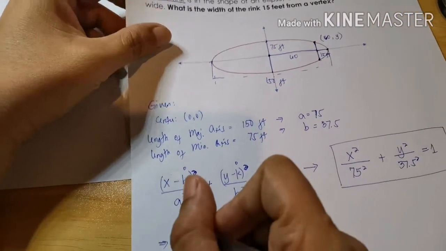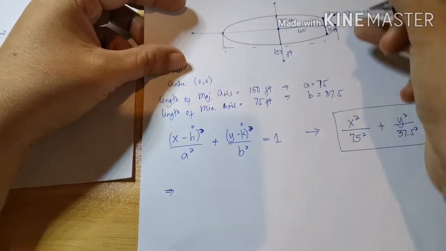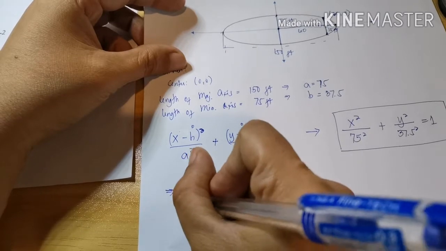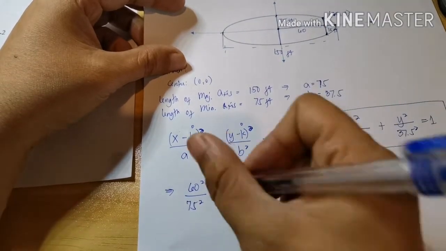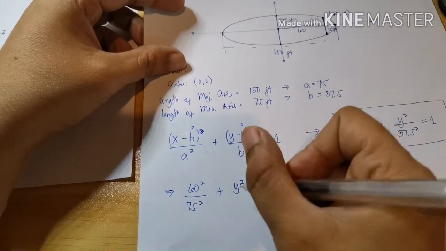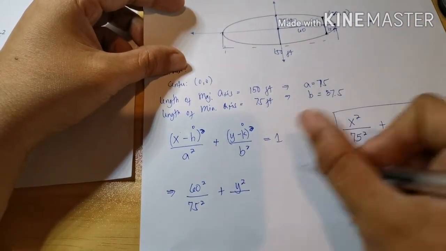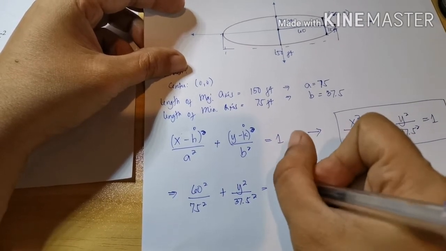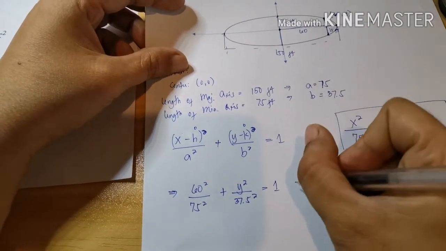Magiging, ang x natin ay 60. So, 60 squared over 75 squared. Ayan. Plus, y squared, hindi natin alam yung y squared, okay, over 37.5 squared, equals 1. Okay.